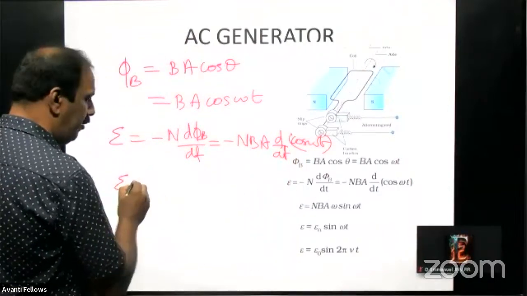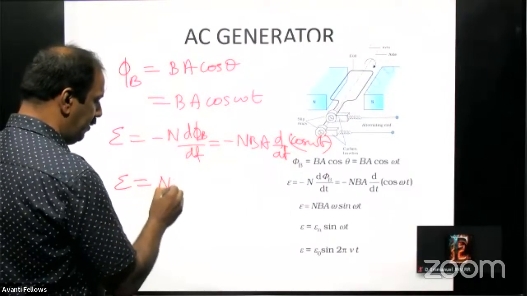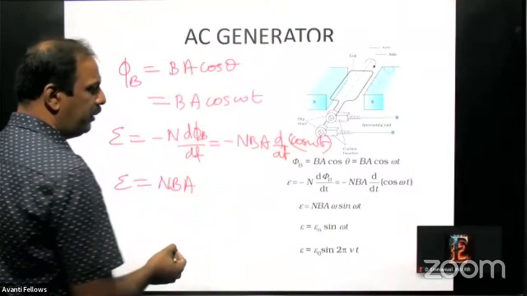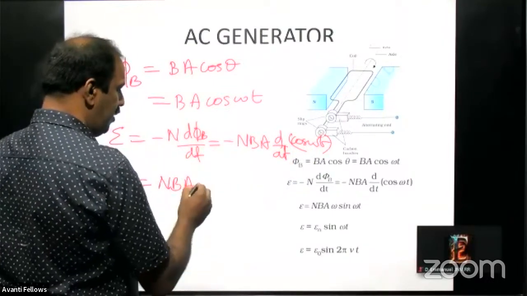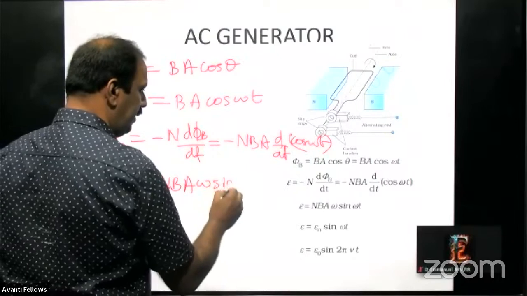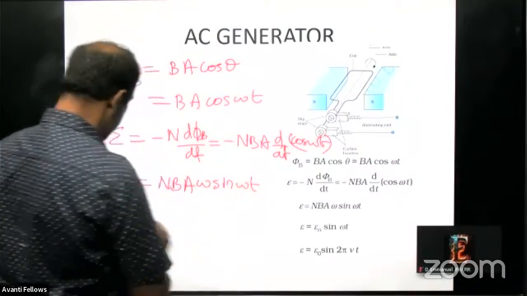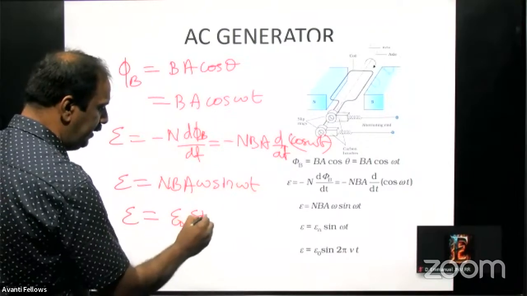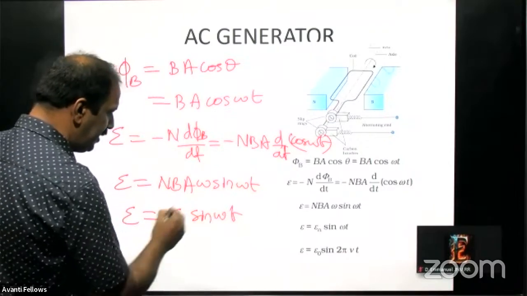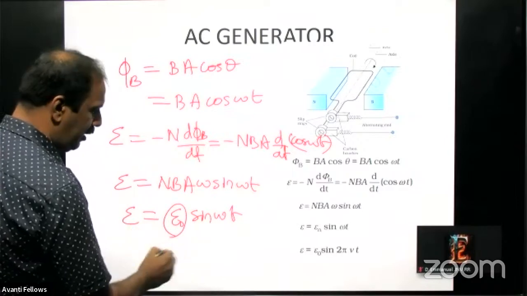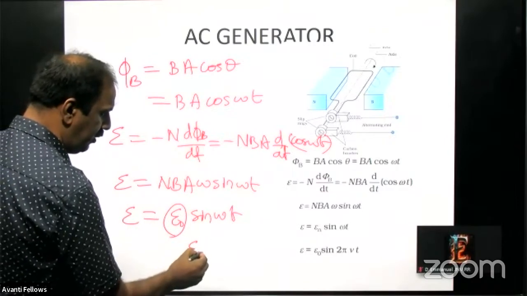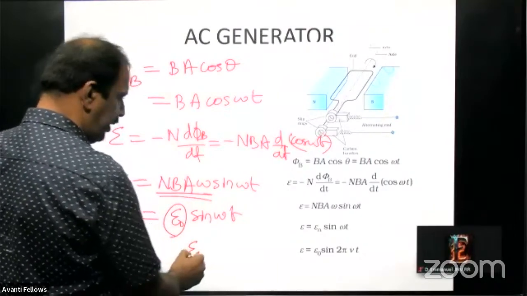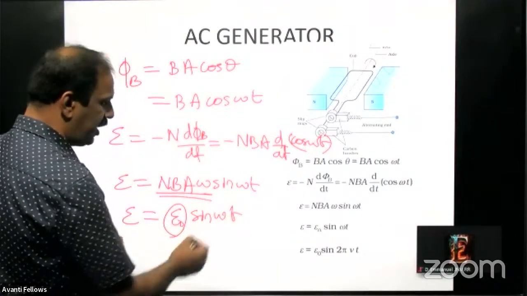When you take this derivative of cos omega t, you get minus omega sin omega t. So you can write EMF as E0 sin omega t, where E0 is this much part. So E is equal to E0 sin omega t.